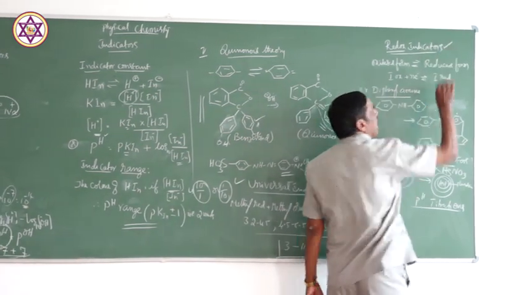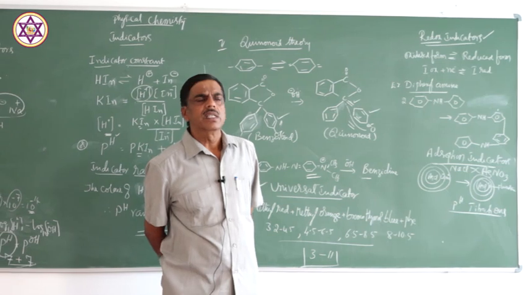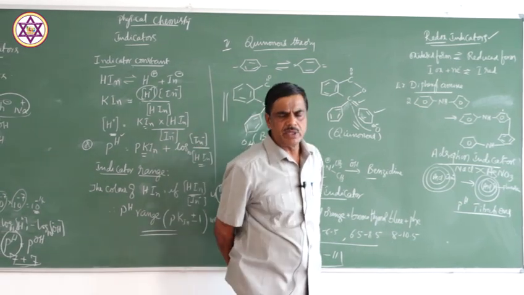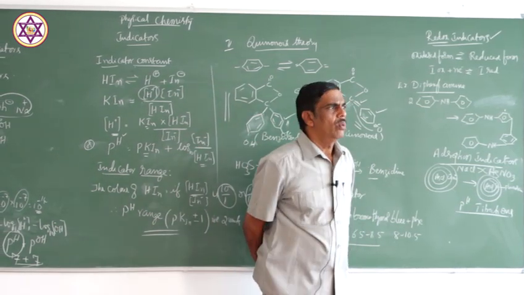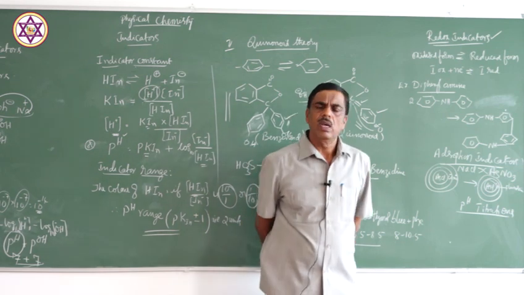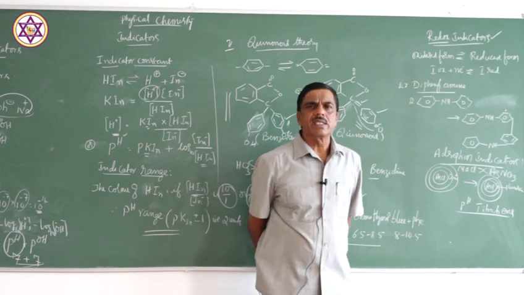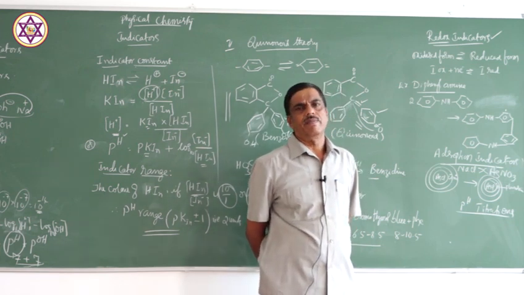Now, come to redox indicators. So, there are several types of titrations. The titrations involve acid base reactions, weak acid strong base, weak acid weak base, strong acid weak base, like that, using acid base indicators. There are so many titrations which involve other types of reactions.